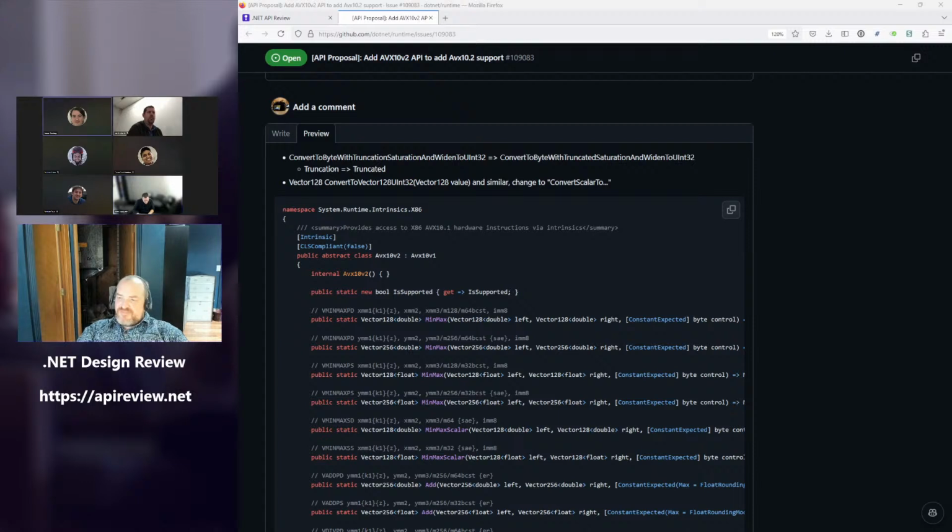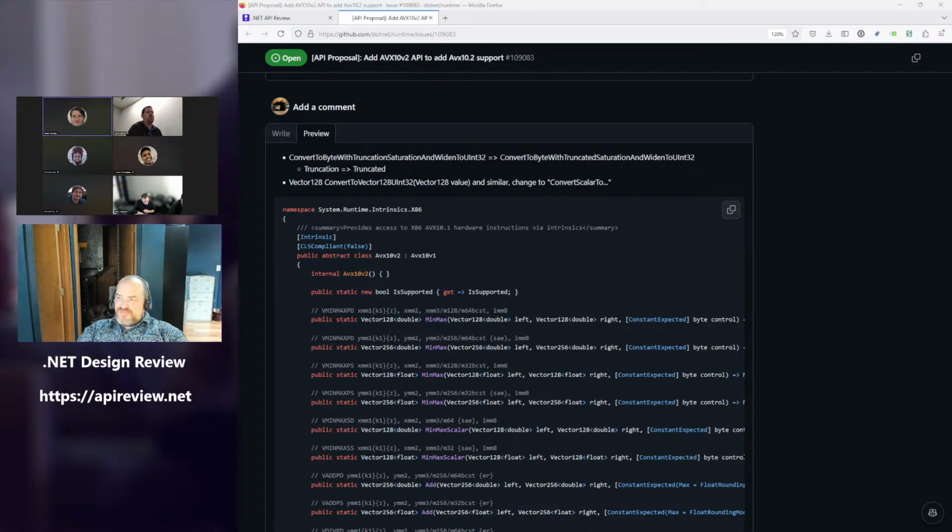Right. For the rounding mode in particular, we have an enum. For basically every other API, we just take a control byte because the bits aren't necessarily easily defined by a single enum.